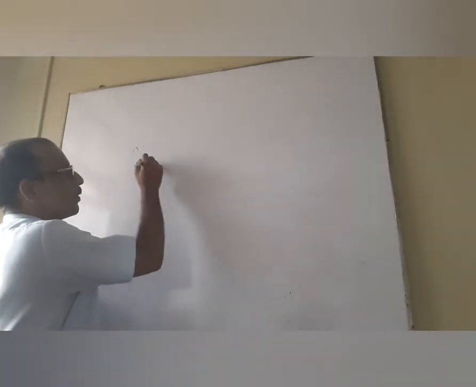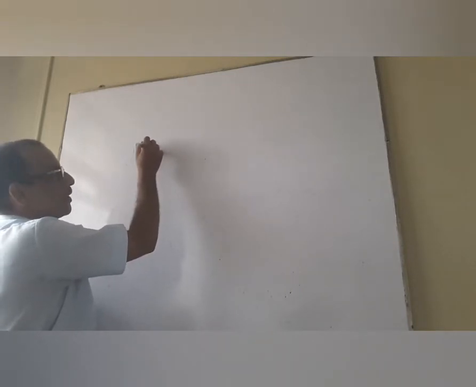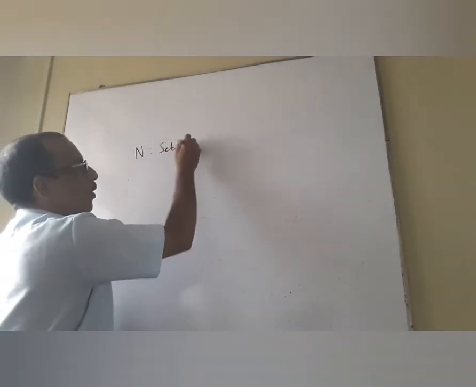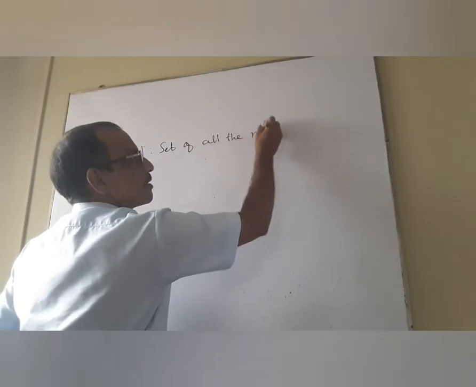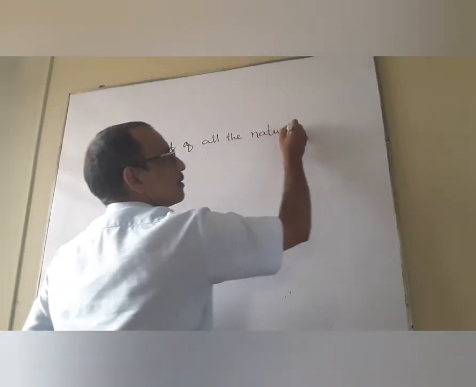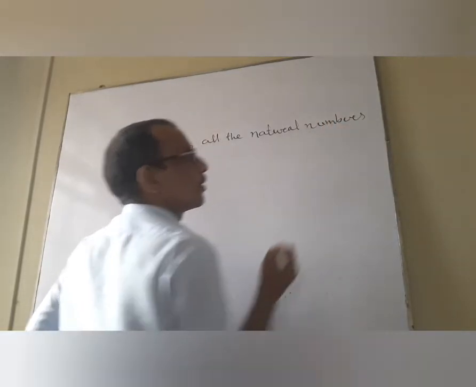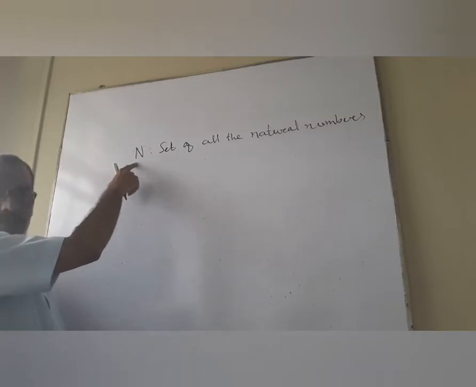When you write capital N, it is the set of all natural numbers. The set of all natural numbers is denoted by capital N.